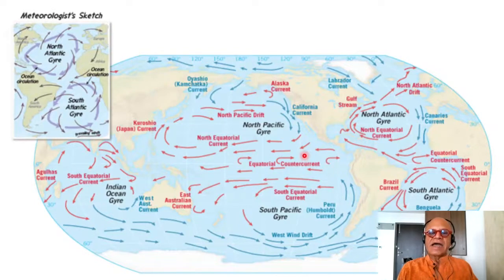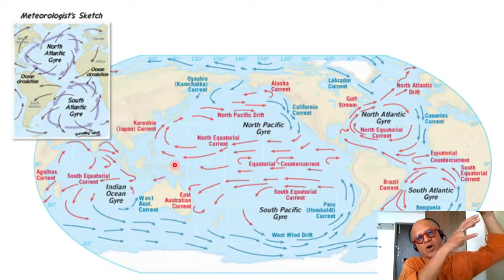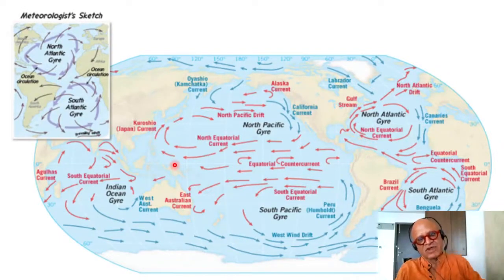What's happening? As the waters are being pulled westward by the trade winds, southeast and northeast trade winds, the waters can pile up here against the boundaries. When you pile up water, water flows downhill by gravity. So that downhill gravitational flow is producing what is called a counter current.